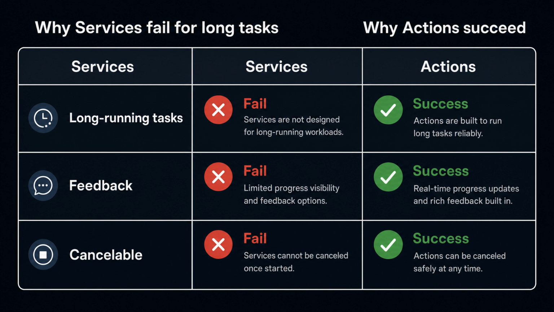However, services have limitations. They don't provide progress updates while the task is running, and they cannot easily be cancelled once started. Actions solve both of these problems by providing feedback and cancellation capabilities.